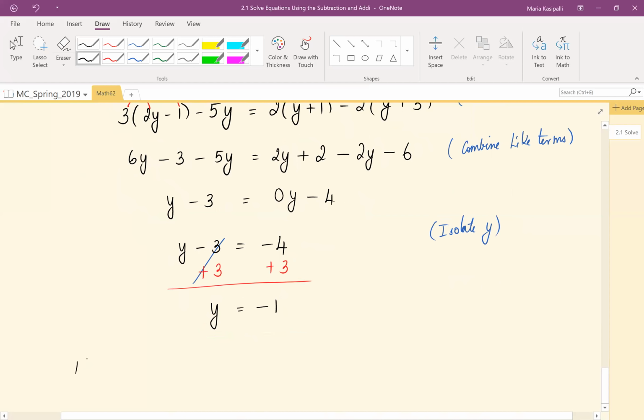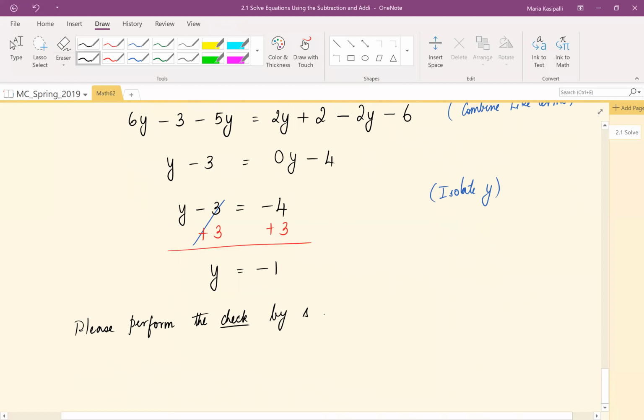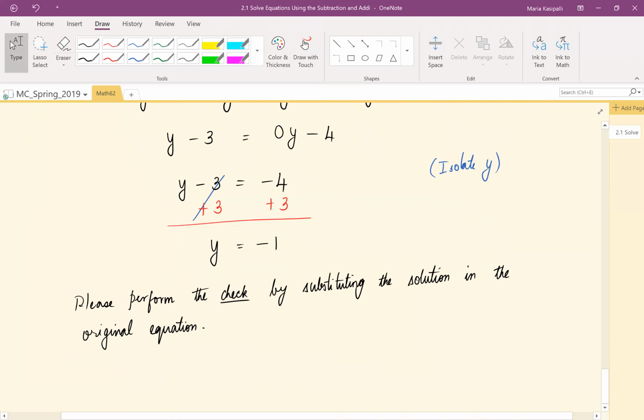I will say, please perform the check by substituting the solution in the original equation. When I say check, I mean that you're checking to see if you get a true statement, if both sides of the equation come out to be the same.